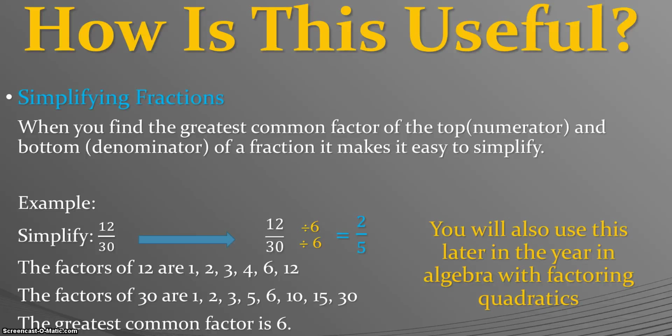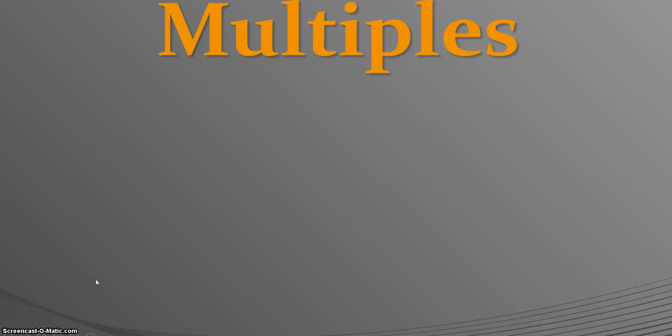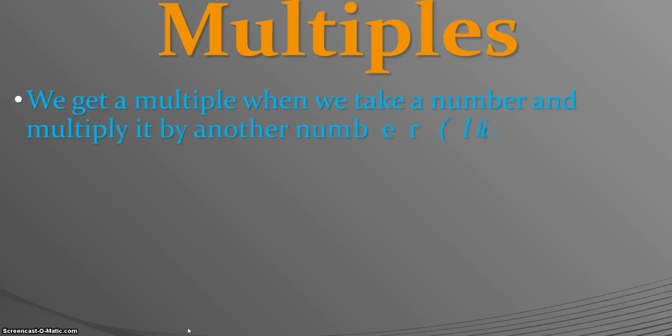You'll also use this later in the year in algebra when you are factoring quadratics. Now we're going to look at multiples. We get a multiple when we take a number and multiply it by another number, like multiplying by 1 or 2 or 3 or 4, but not by multiplying by 0.